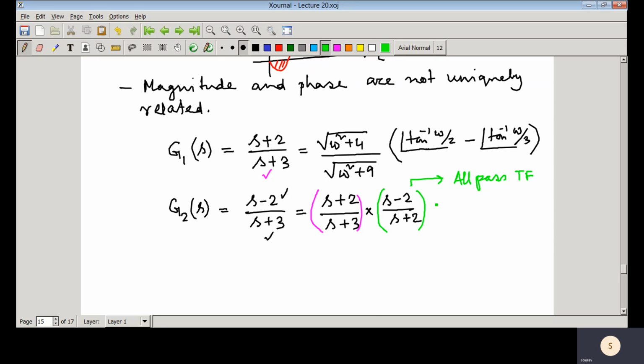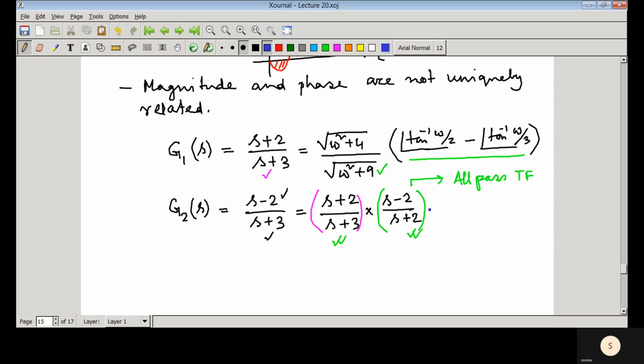Now let us see what would be the angle. So for this particular transfer function, we have that gain and this particular phase, but this particular term is introducing some extra phase. What is that?